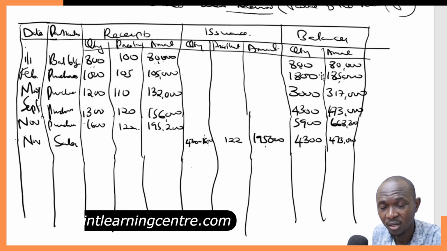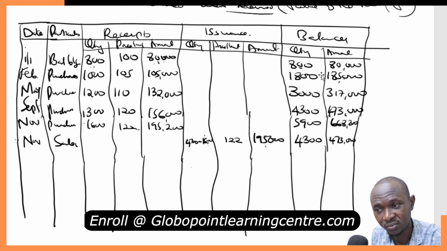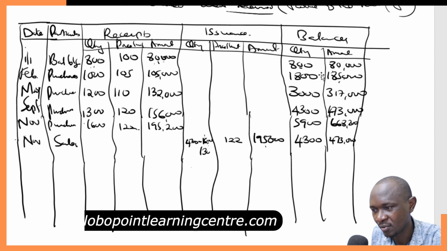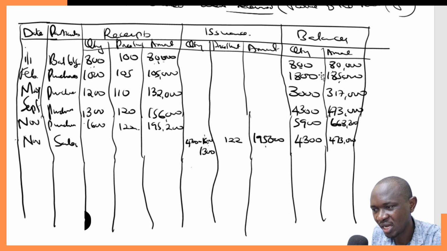So, what next? We go to the next batch, which is 1,300. How much did we receive that batch at? 120. What is the total? 156,000. So then let's deduct this. We had 4,300 minus 1,300, which is 3,000.